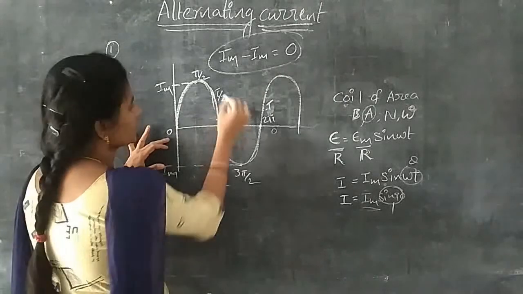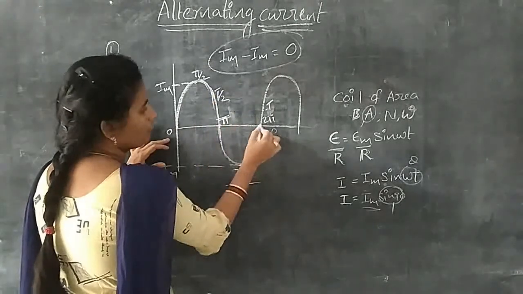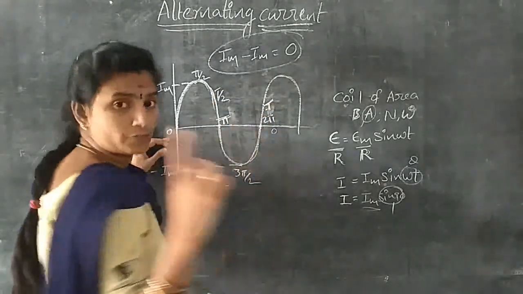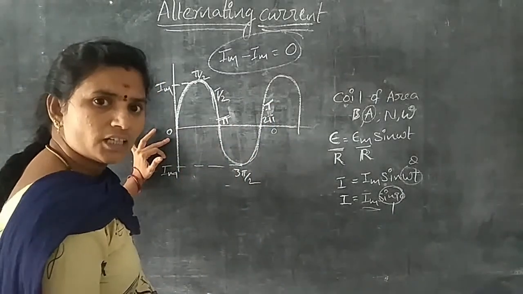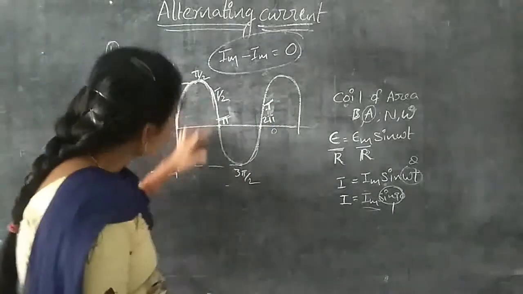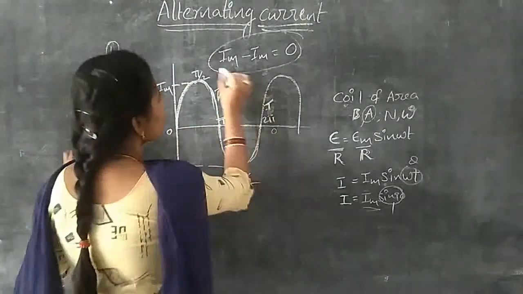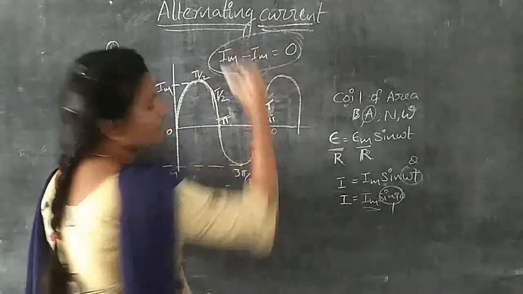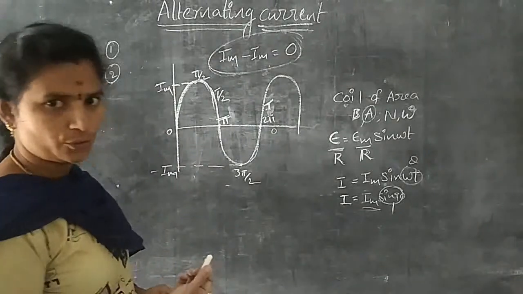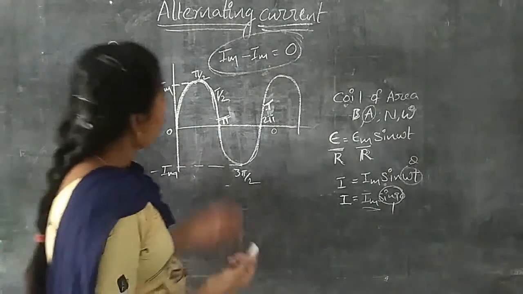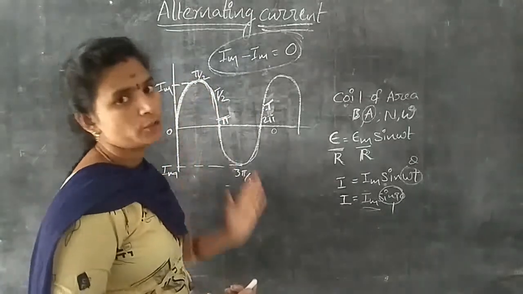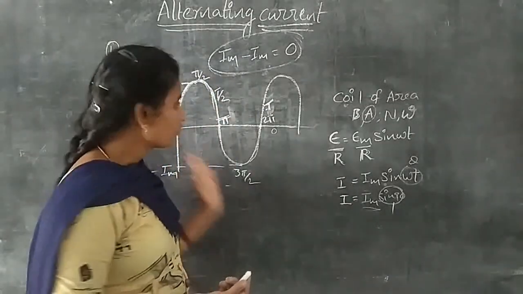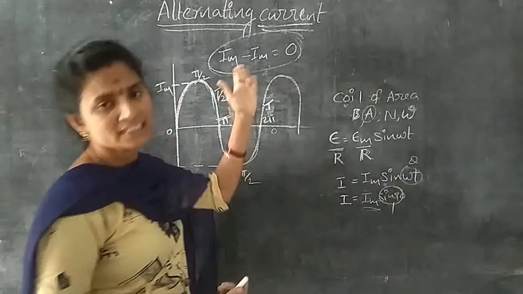Half oscillation is T by 2, and the time taken for one complete oscillation is T. So then what will happen here? The average current is 0. How can we say that the average current is 0? It has a maximum value and a minimum value, so for one complete oscillation the average current is 0.